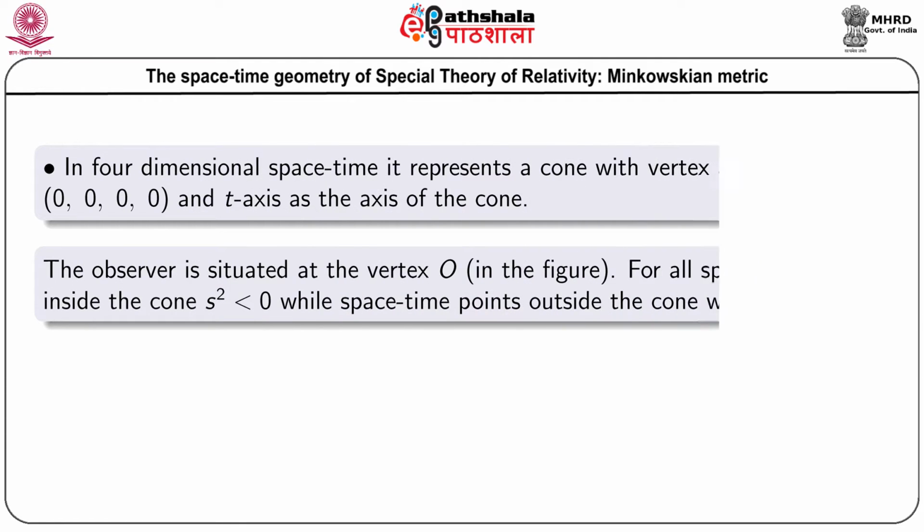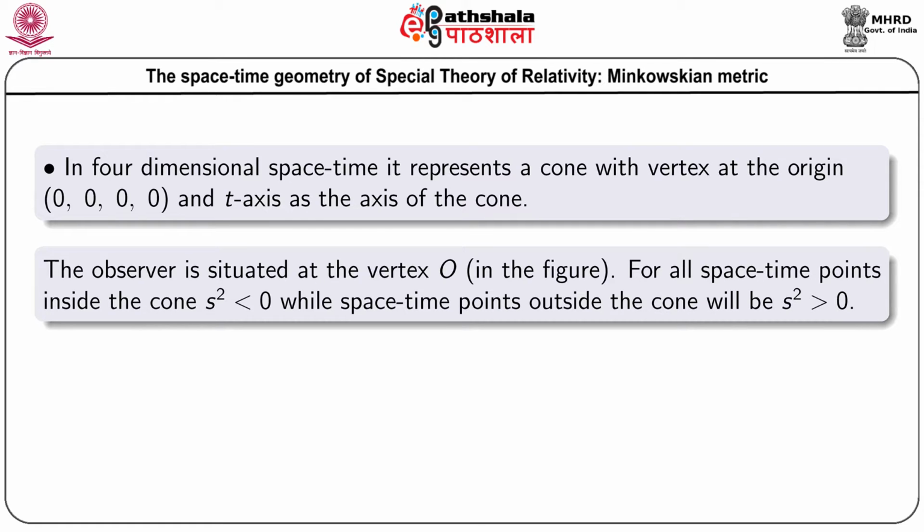From that equation we get that it is a cone in 4-dimensional space time with vertex at the origin 0 0 0 0 and the t axis as the axis of the cone.